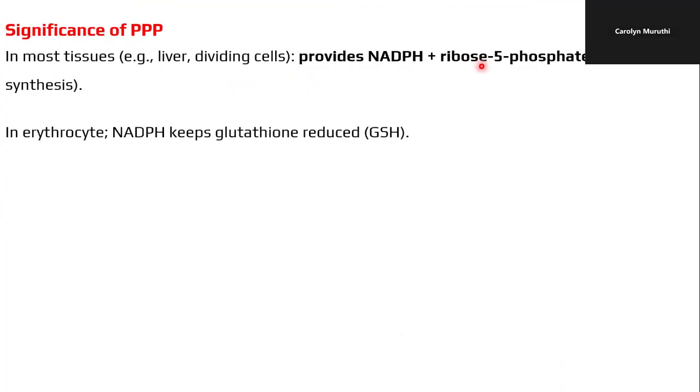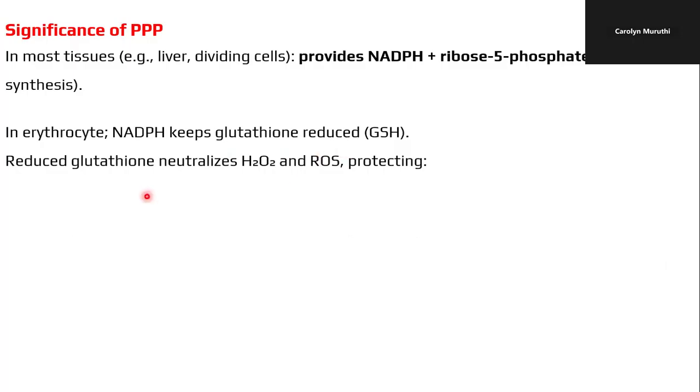However, in the RBCs, the pathway's main mission is generation of NADPH, which keeps glutathione reduced. And the reduced form of glutathione neutralizes hydrogen peroxide and reactive oxygen species that constantly threaten hemoglobin and the cell membrane.